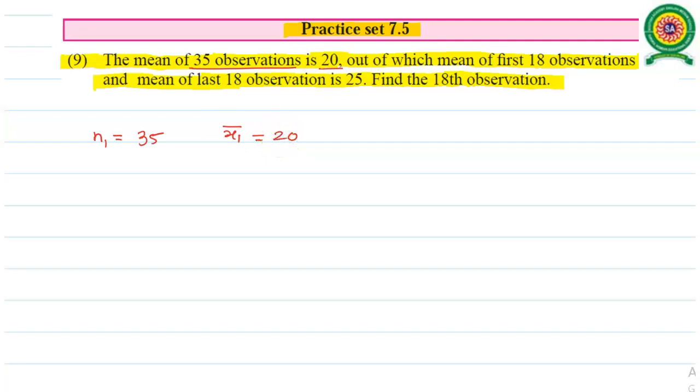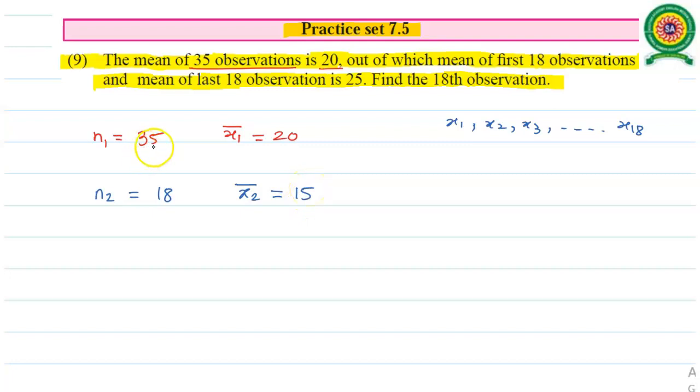Among them, which are the first 18 observations? They are x1, x2, x3, up to x18, whose mean is given as 15. So I am assuming n2 as the number of first 18 observations, and their mean x2 bar is given as 15.